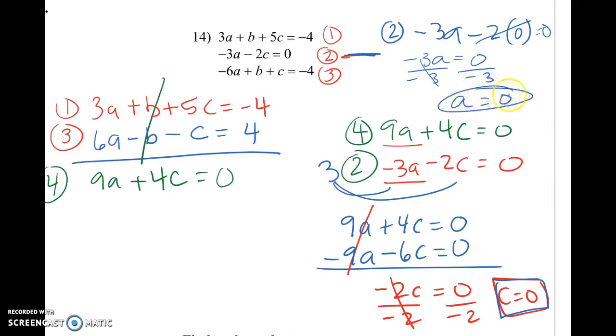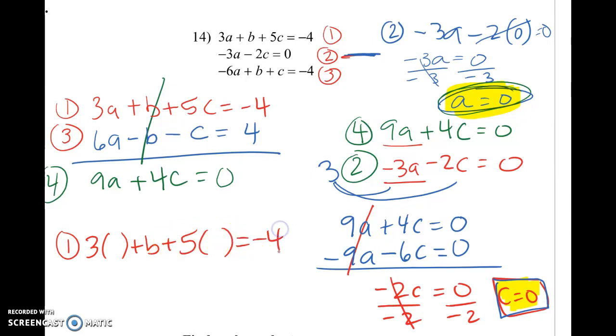So now if I have a's value and c's value, I can plug it into either of these, the first one or the second one. So I'm going to plug it into the first. It's going to be 3a plus b times 5c equals -4.